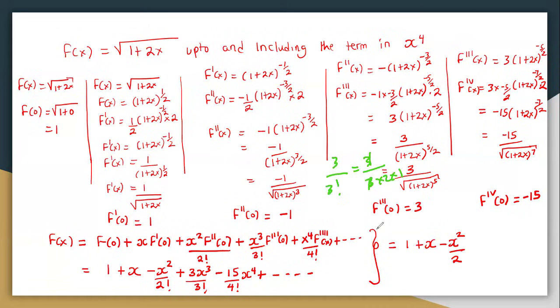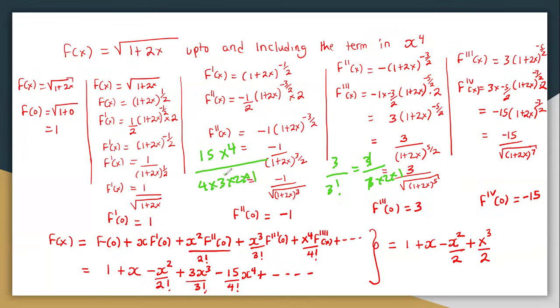The 3 cancels, so we remain with plus x power 3 out of 2. The next one is 15x power 4 divided by 4 factorial, which is 4 times 3 times 2 times 1.